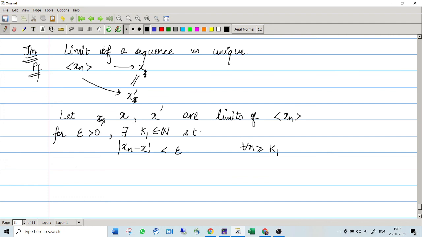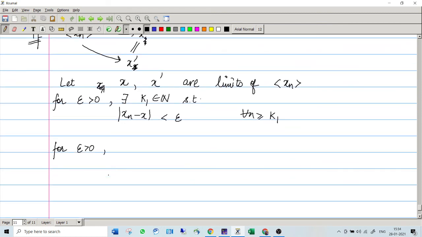And because xn is also converging to, see what we are doing, because xn converges to the point x for epsilon greater than 0, we can find a natural number k1 such that the distance between xn and x is less than epsilon for every n greater than or equal to k1, right?